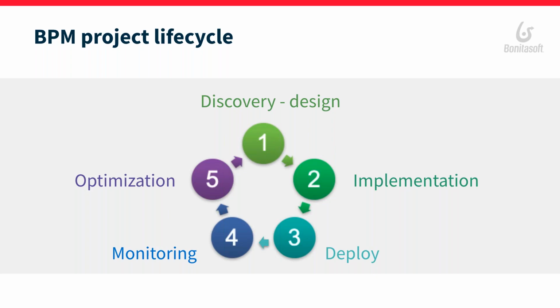The first one is the discovery design that I talked about during our first webinar. The second one will be the concrete development, the implementation. Then you will deploy it in production and use it in production. In order to be in the continuous improvement loop, you are going to monitor your project, monitor the results and the improvements you saw. And then as part of the optimization, you are going to see what you still have to change and come back to a new cycle.